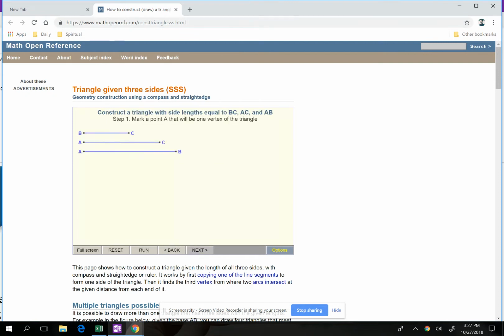So the first step, we're going to start with 3 segments here, and then go ahead and draw a random point, measure AB, and swing an arc.